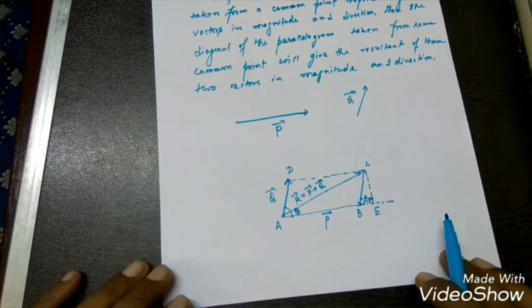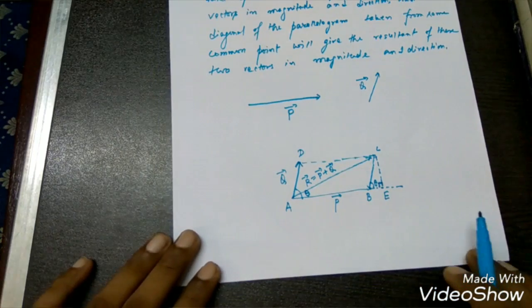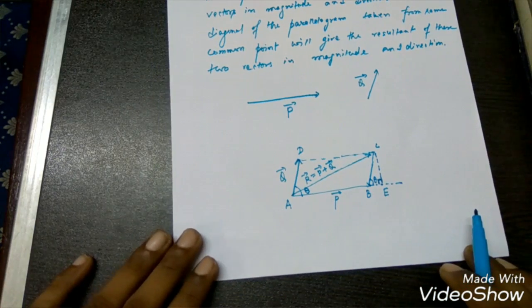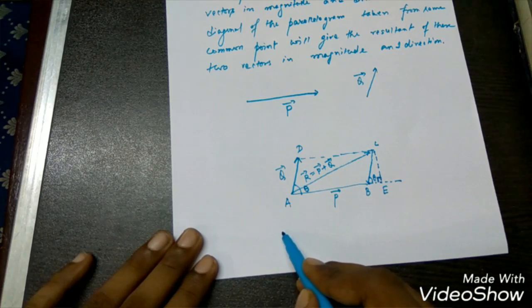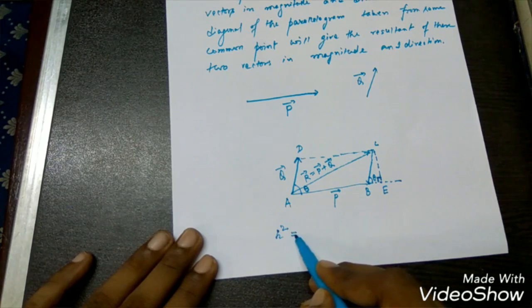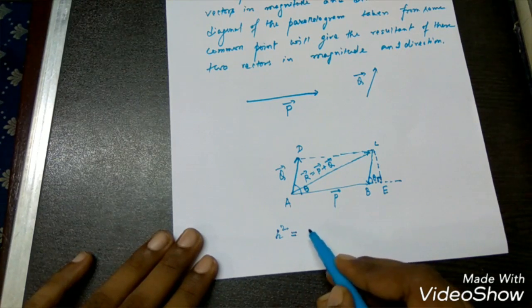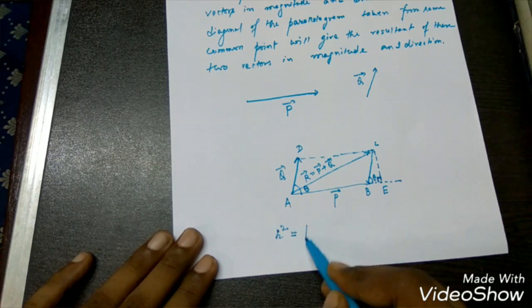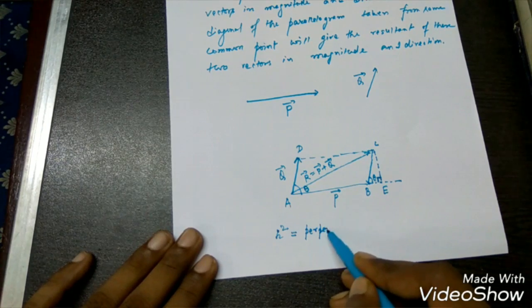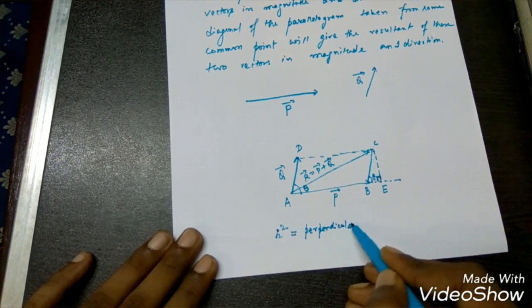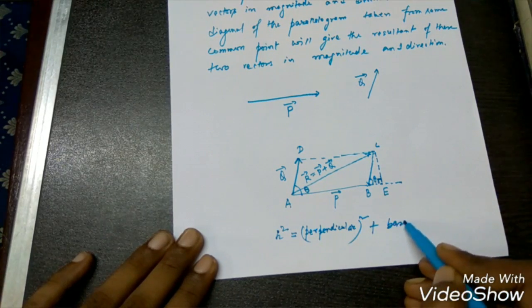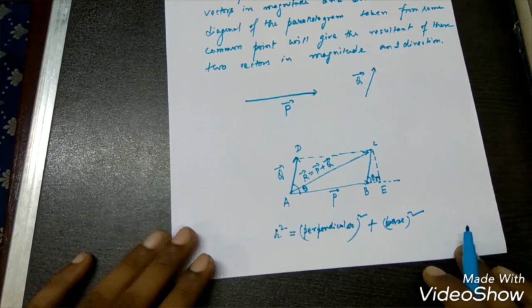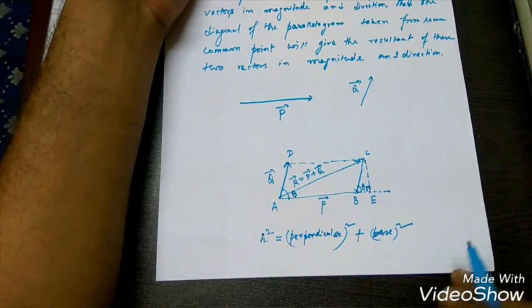We know a famous formula which is called the Pythagoras formula: hypotenuse square, that is h square, is equal to perpendicular square plus base square. So we will use this formula.